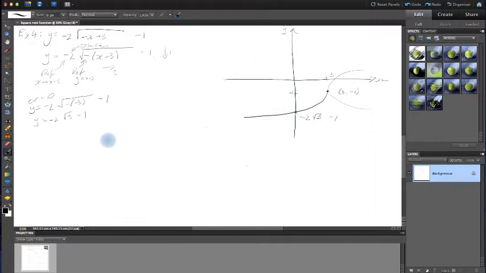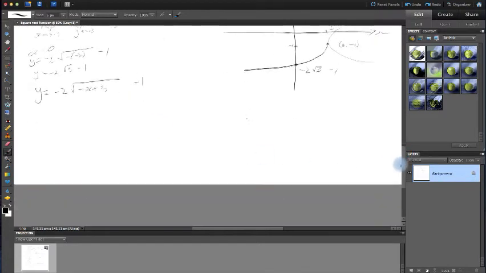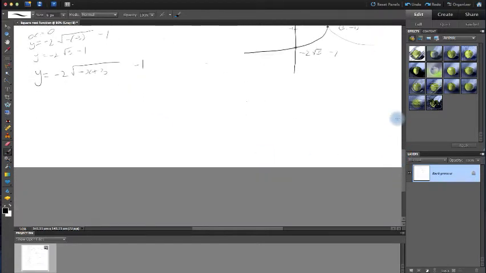Now the other way to approach this question, let me write it again. So we're approaching -2 root of negative x plus 3, minus 1. There is another way to approach this, but it involves drawing lots of graphs one after the other. If the first bit made sense, ignore this bit.